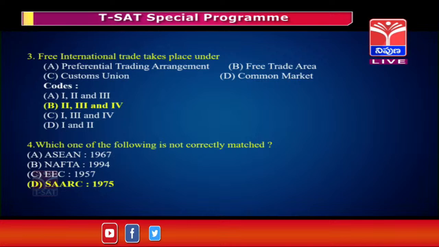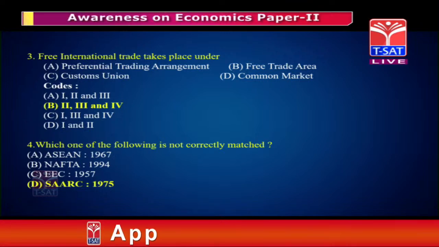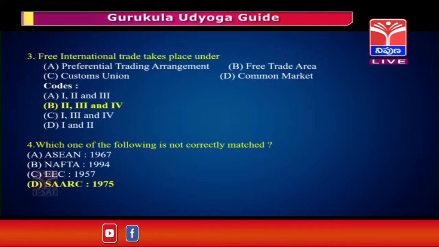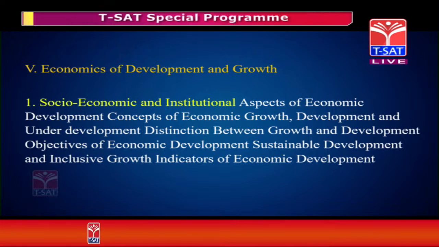EEC is related to the European Union, and SAARC is related to South Asian countries, and it was not formed in 1975. So, you should also have some knowledge of when these organizations were established, since it can come under match the following also.